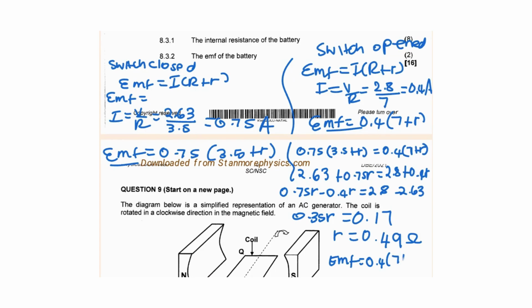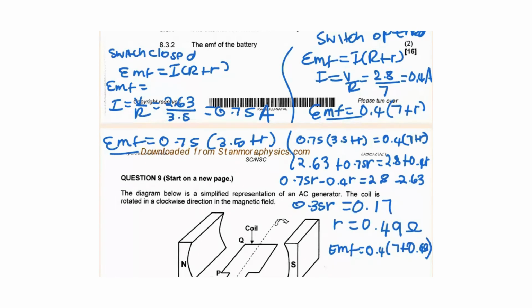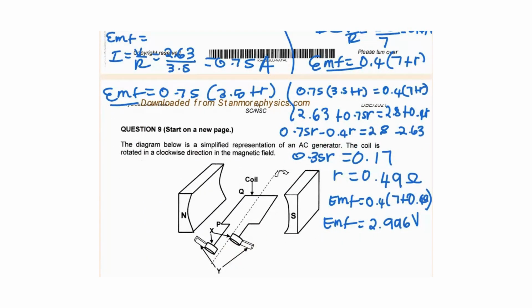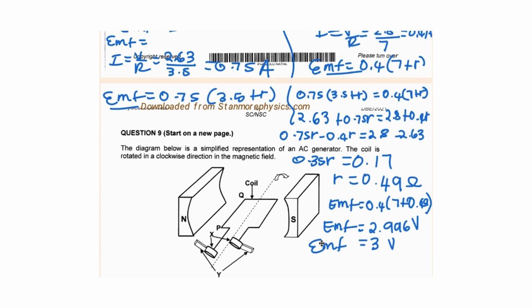That's 0.4 times (7 plus 0.49), which gives me 2.996 volts. So that would be 3 volts. That's the EMF. Then we have it. That's all.